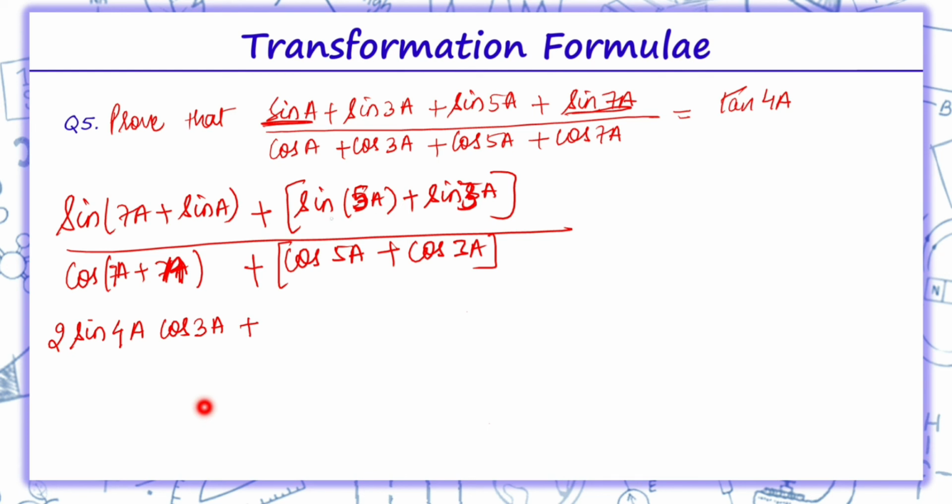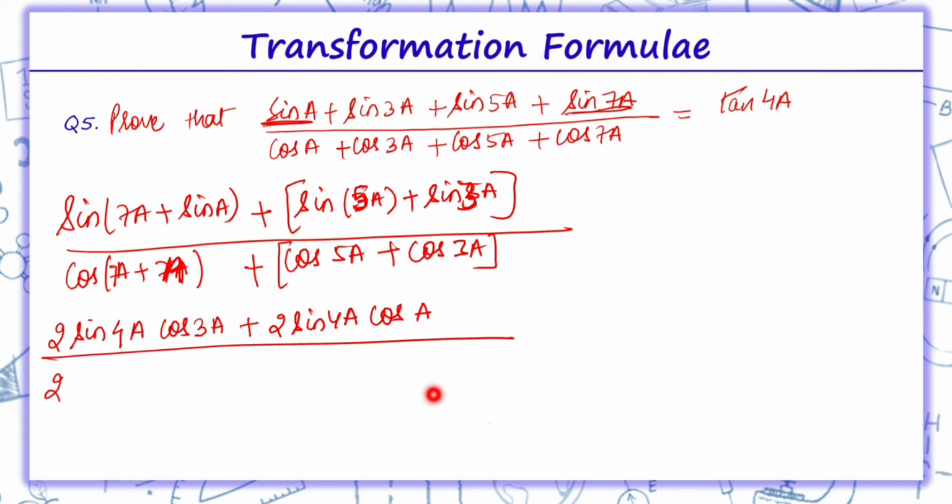Similarly over here 2 sine C plus D by 2, 5 plus 3, 8 by 2. So we'll write over here 2 sine 4a and then 5a minus 3a by 2 will be written as 2a by 2, which is a only. And then we have the formula for cos C plus cos D, that is cos 7a plus cos a.